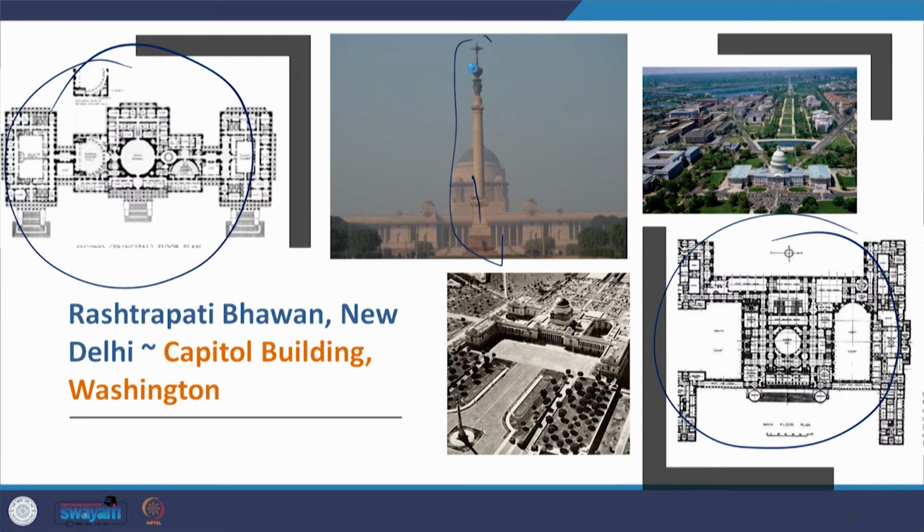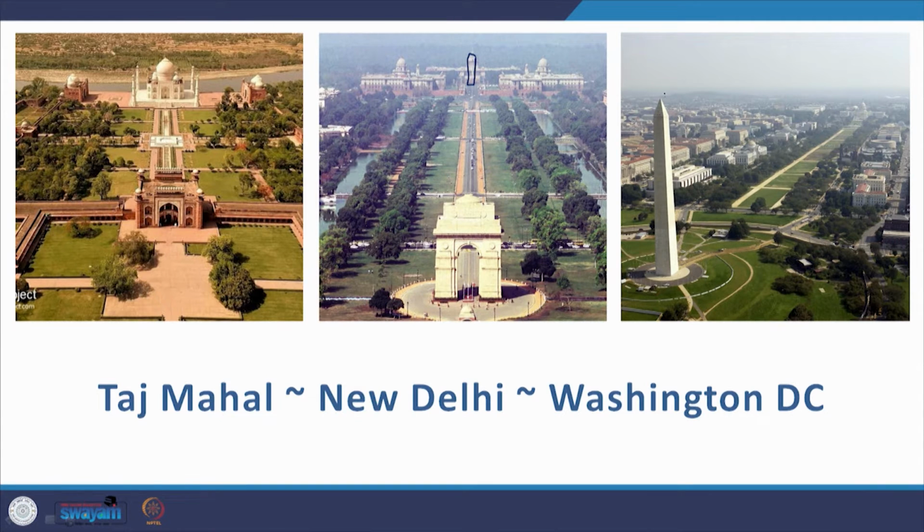Okay. So in the Jaipur column, and in this case the Washington Monument, very similar standalone columns. The only thing is it is much nearer to the Rashtrapati Bhavan. This is fairly distant from the Capitol building, and in this slide we are making a comparison that the Washington Monument is placed or spaced as the India Gate has been spaced.